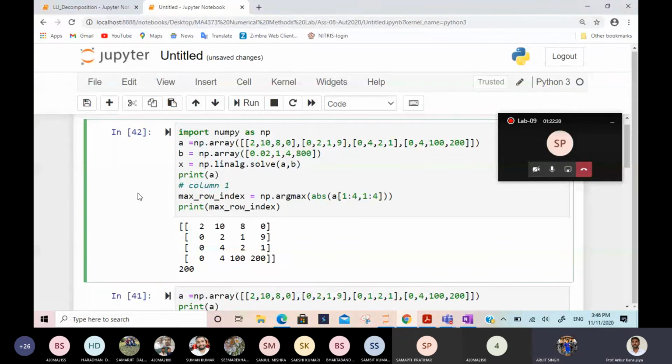So 3,3. Let us see what it is giving. It is giving something, 8. But we want 3,3. It is giving 8. Can you tell me what is this 8?